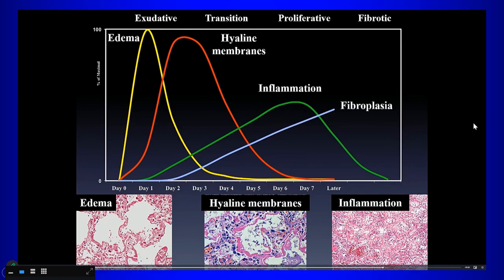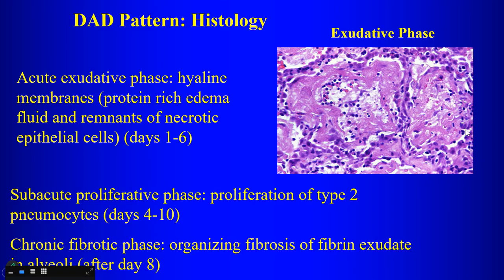The fibrotic phase tends to begin once you're more than a week out from the acute injury. In the exudative phase we get hyaline membranes, protein-rich edema fluid, and necrotic cells, days 1 to 6. Then there's the subacute proliferative phase, with proliferation of type 2 pneumocytes, days 4 to 10. And then that transitions to the chronic fibrotic phase, where we get organizing fibrosis.